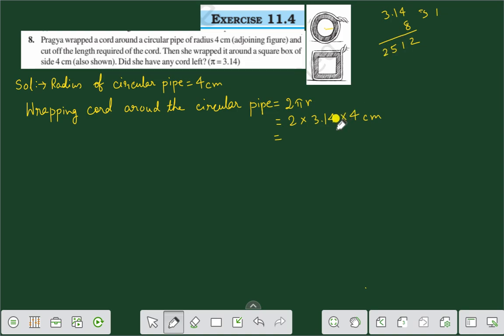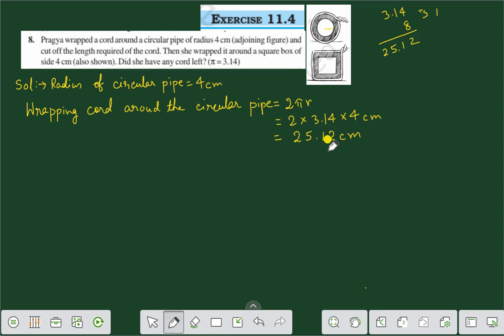So we get 2512, and the decimal point after 2 digits gives 25.12 centimeter. This is the wrapping cord around the circular pipe, that is the circumference of the circle, 2 pi r.